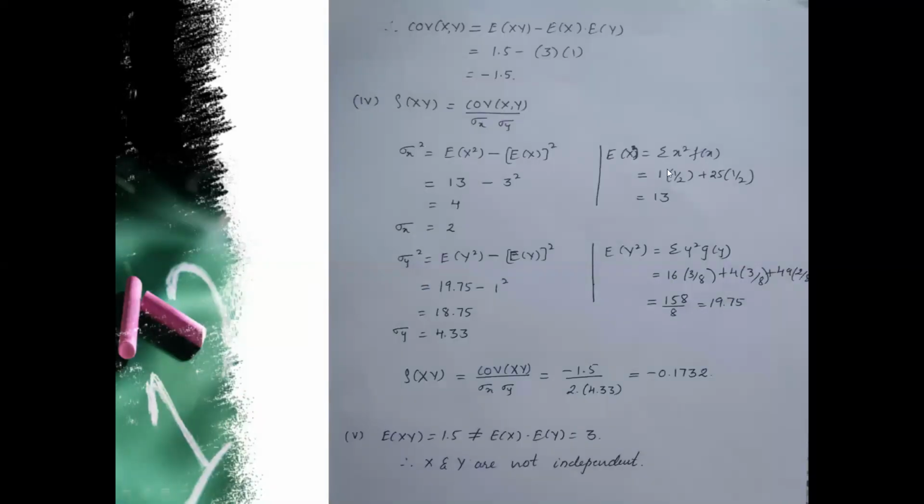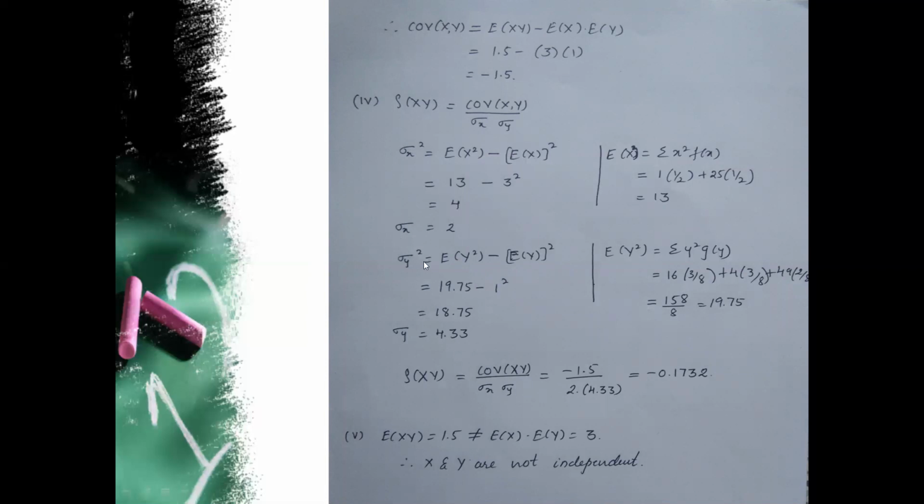So we get 1 into 1 by 2 plus 25 into 1 by 2, that is 13. That is expectation of x square minus expectation of x, already found as 3, its square, then the value of sigma x square is 4. So sigma x will become 2.